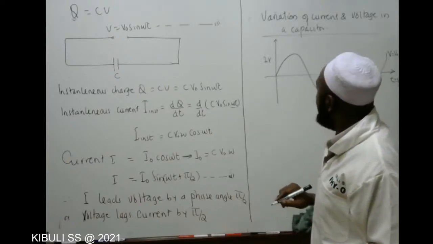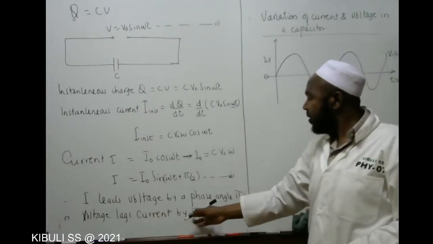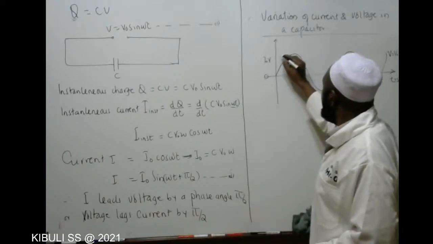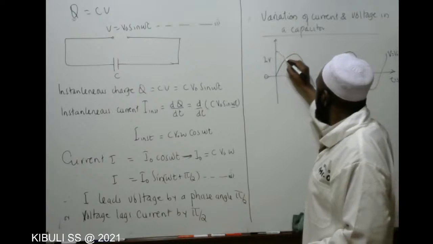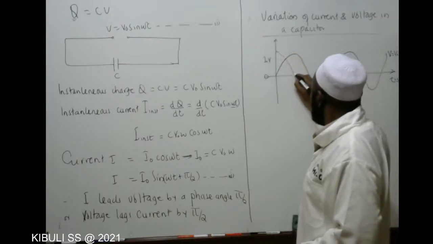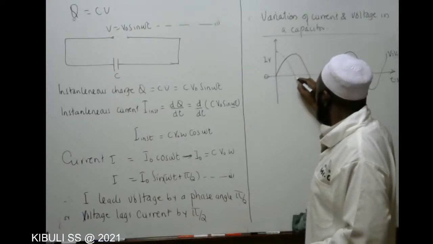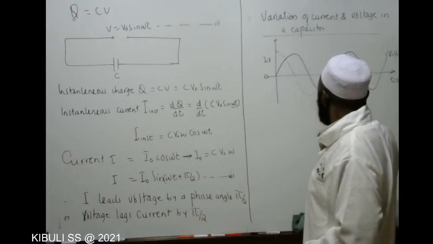Now, since we said when the voltage is 0, current is maximum, led by pi over 2, the current will begin from here. We can use the dotted line, such that when the voltage is maximum, current is 0, and then this one can extend like this.